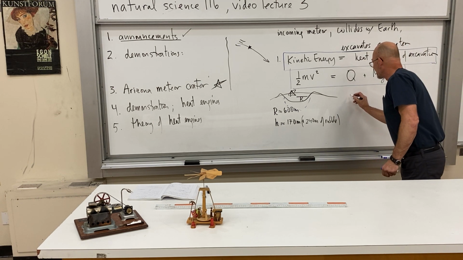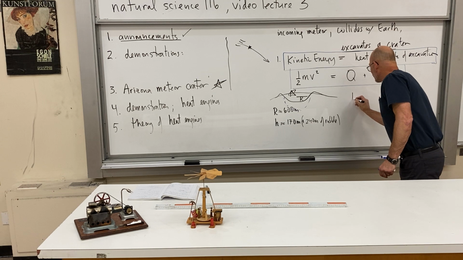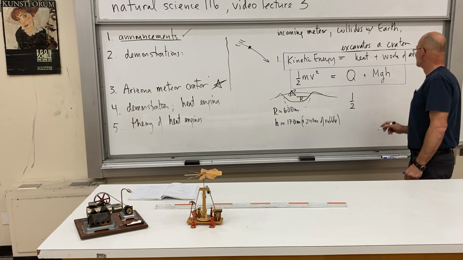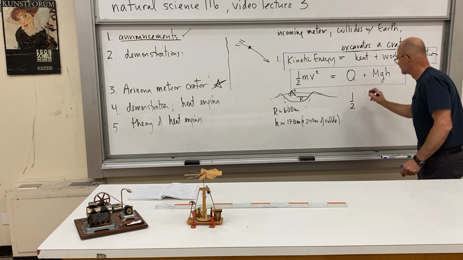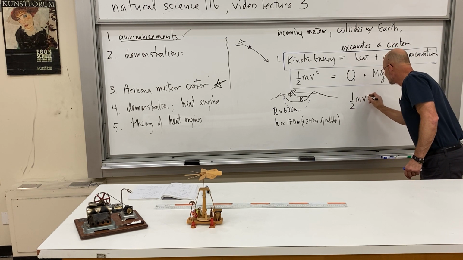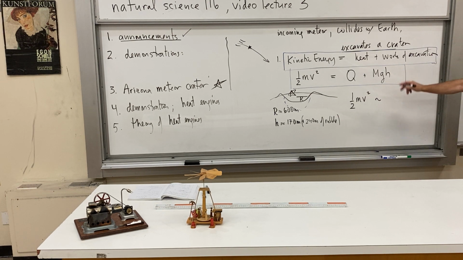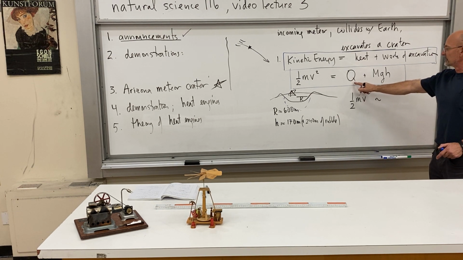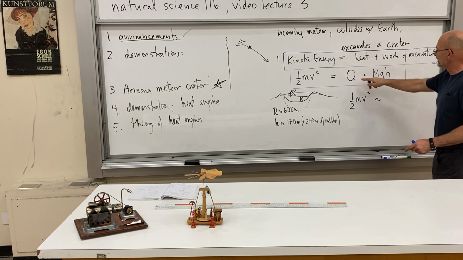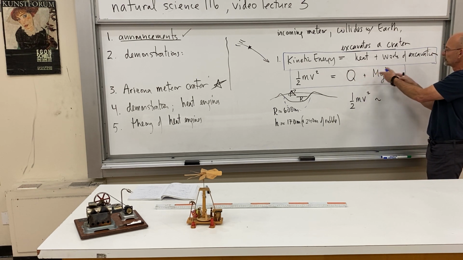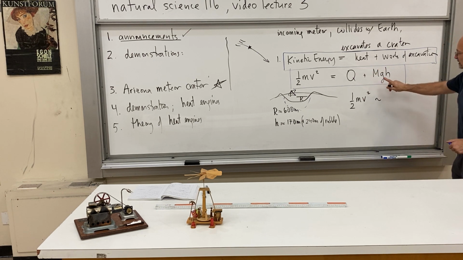So I'm going to write 1/2 MV squared. And I'm just going to put a twiddle here. We're going to ignore the Q. There is some multiple. So that we could say the Q is some multiple of this work here, equal 1, 2, 3 times as much. So we'll focus on this here.